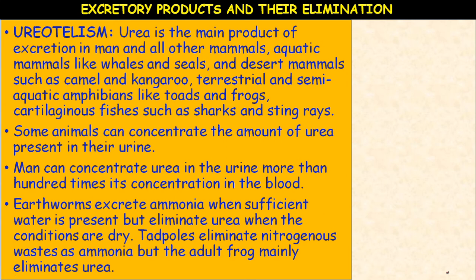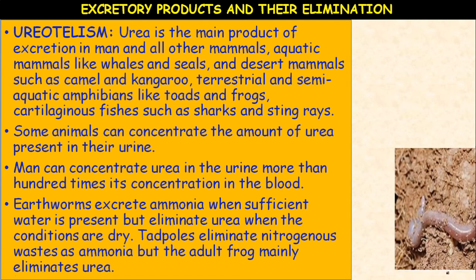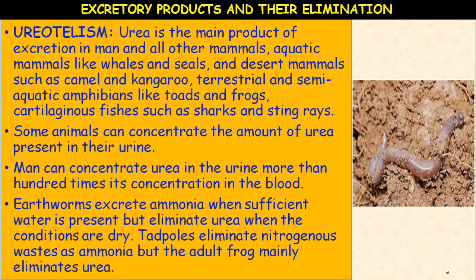But in summer, the conditions are dry, they convert into ureotelic. They excrete urea. The tadpoles, the larvae of frogs, eliminate nitrogenous waste as ammonia, but when they become adult, the frogs mainly eliminate urea. Okay, here the earthworm is ammonotelic in wet conditions and ureotelic in dry conditions.